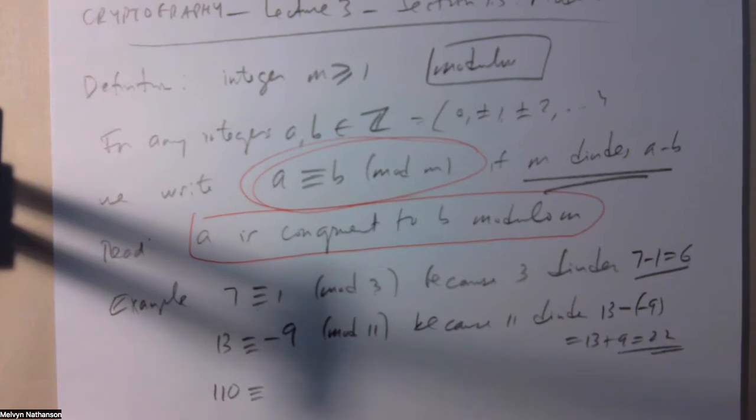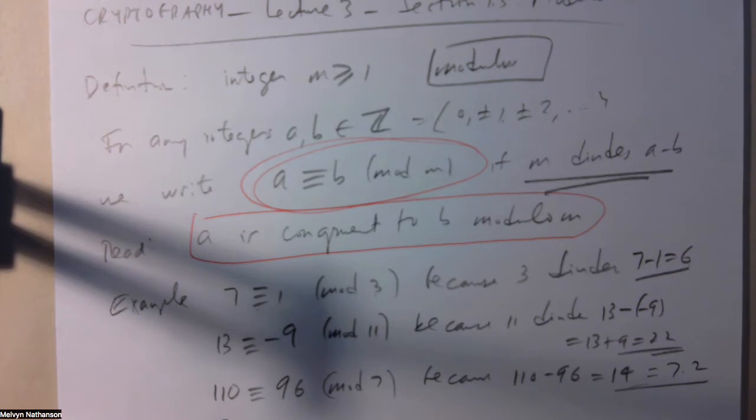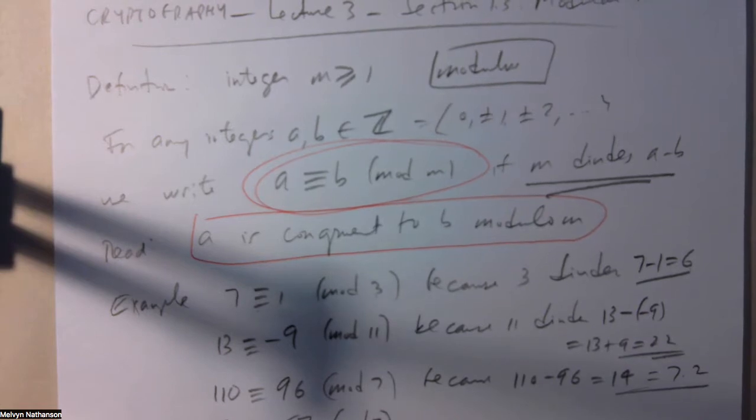110 is congruent to 96 mod 7 because 110 minus 96, that's 14, is divisible by 7. It's 7 times 2. And minus 8 is congruent to minus 57 mod 7.